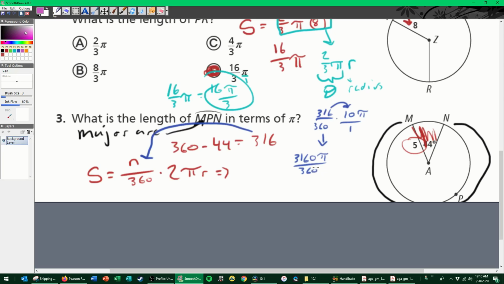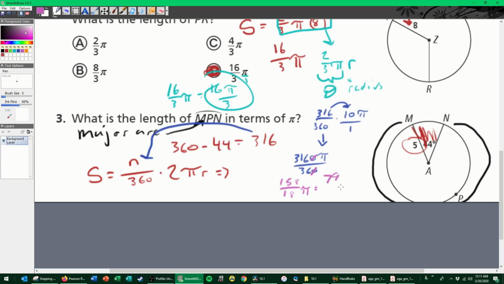If I have a 0 and a 0, I can go ahead and cross those out, and I'm at 316 over 36. 316 and 36 are both divisible by 2, which would give me 158 over 18. Go ahead and move the pi down there. And then 158 and 18 are divisible by 2.